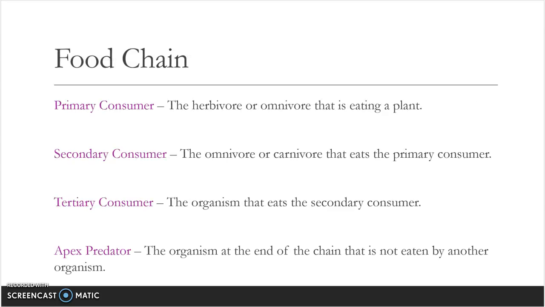All right, so those producers, consumers, decomposers, they're going to help with that flow and transfer of energy in that ecosystem, okay? And our producers and consumers are going to have a relationship that we can see pretty directly.